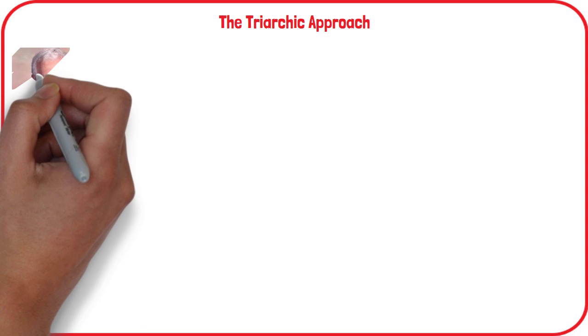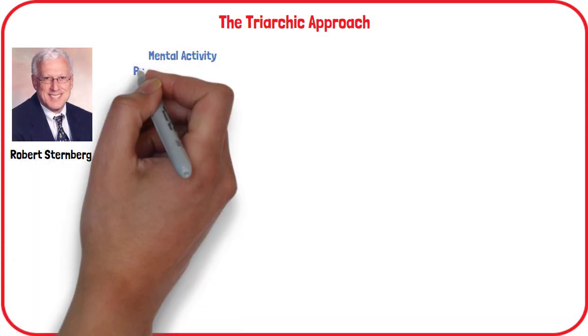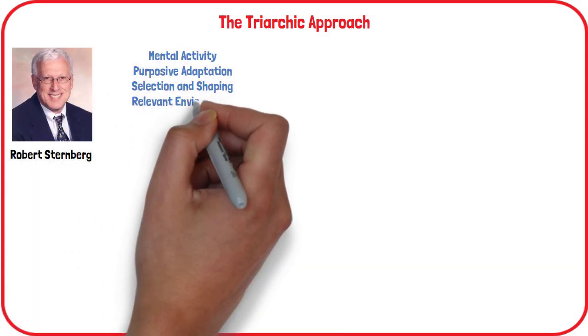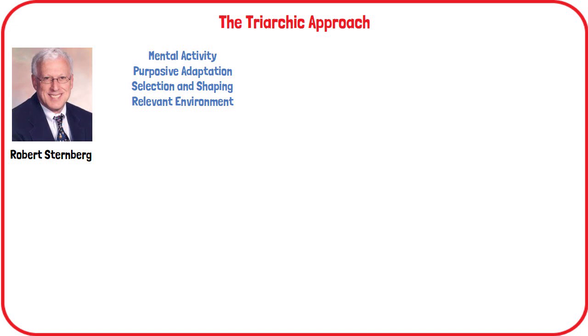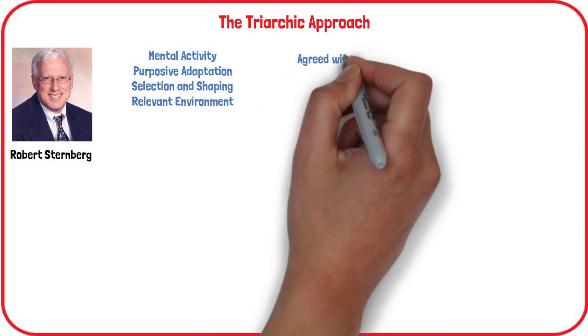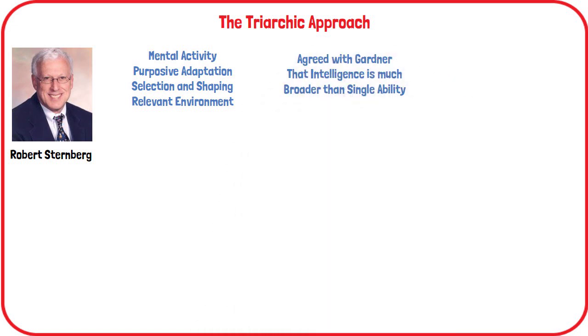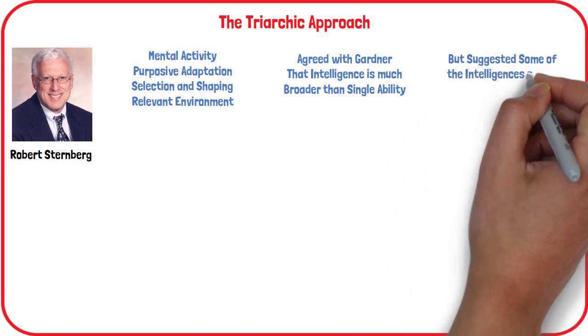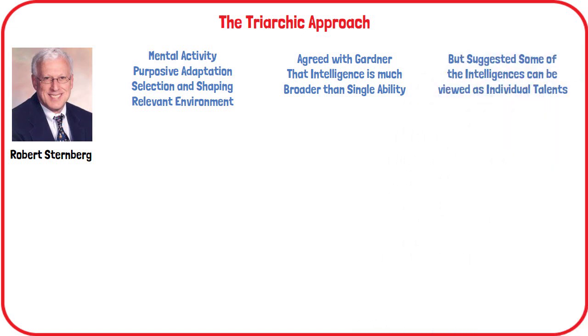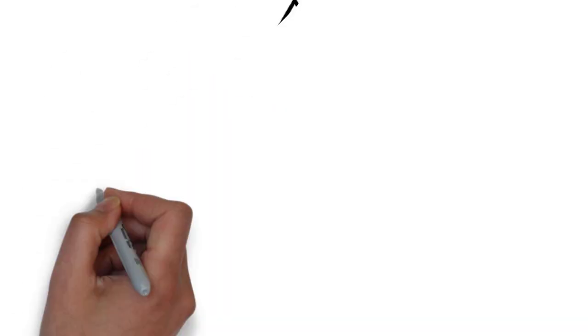The triarchic approach to intelligence. Robert Sternberg defined intelligence as mental activity directed toward purposive adaptation to, selection, and shaping of real-world environments relevant to one's life. Although he agreed with Gardner that intelligence is much broader than a single, general ability, he suggested that some of Gardner's types of intelligence are better viewed as individual talents.